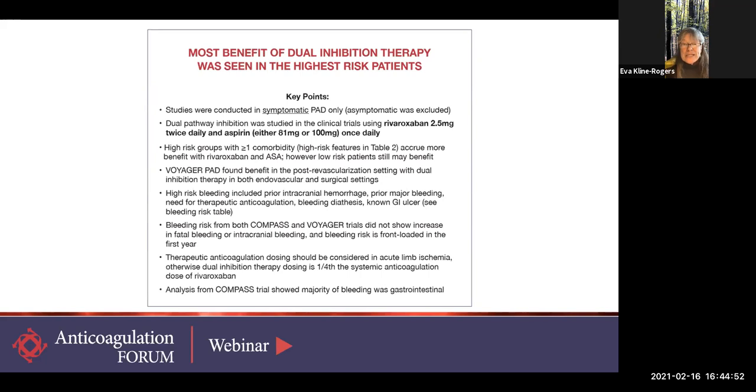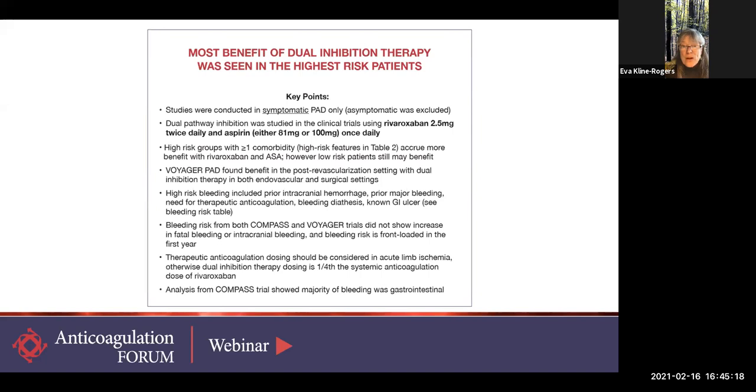VOYAGER PAD found benefit in the post-revascularization setting with dual inhibition therapy in both endovascular and surgical settings. High bleeding risk included prior intracranial hemorrhage, prior major bleeding, need for therapeutic anticoagulation, bleeding diathesis, and known GI ulcer, and there's a nice bleeding risk table, as you can see on the resource.